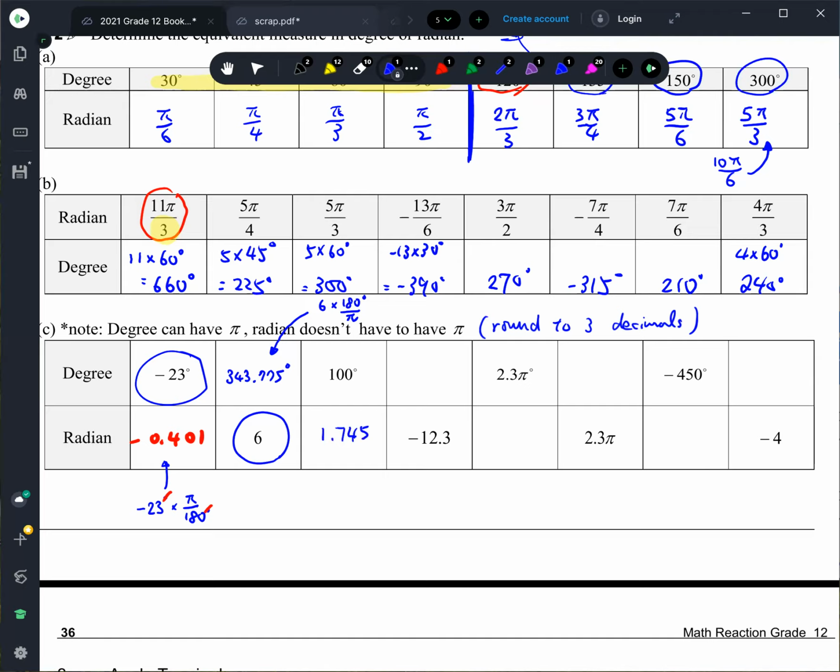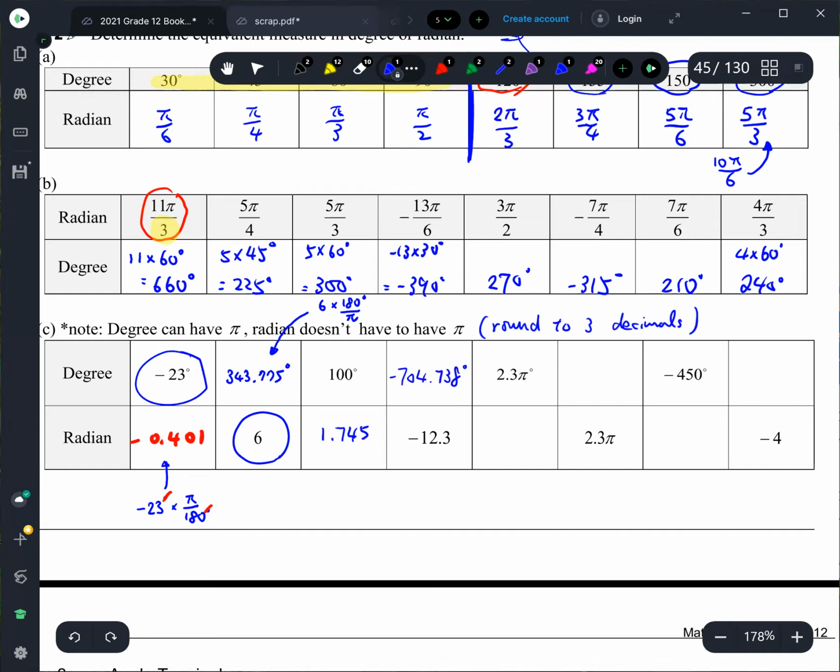Right, Waylon, can you tell me the degree for the next one? I got negative 704.738. 0.738 degrees. Okay, don't forget the degree sign. Very good. Okay, please raise your hand if you complete all the boxes.